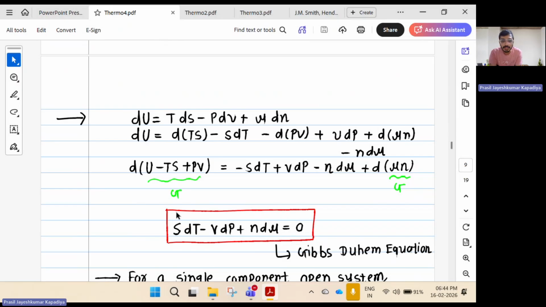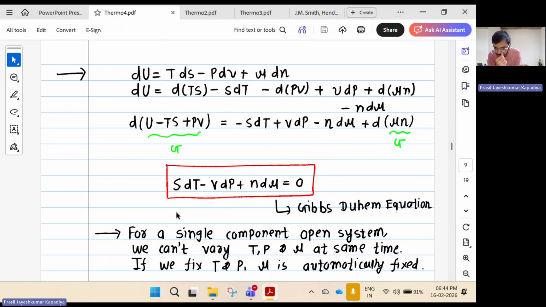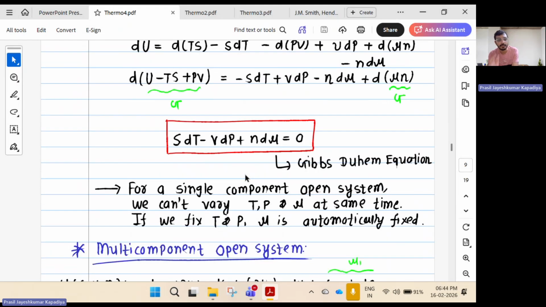And this is called the Gibbs-Duhem equation, a very important result. What does it say? When I am dealing with a single component open system, we cannot vary T, P and mu at the same time. Let's say I fix my temperature and pressure; then mu is automatically fixed.